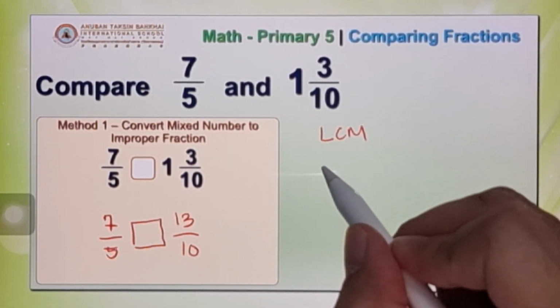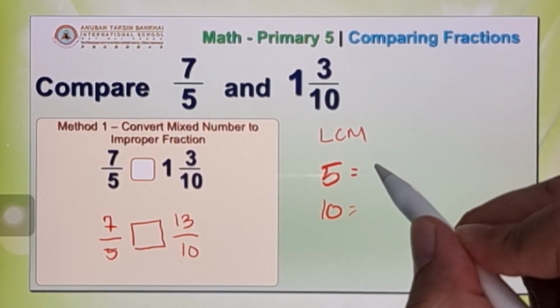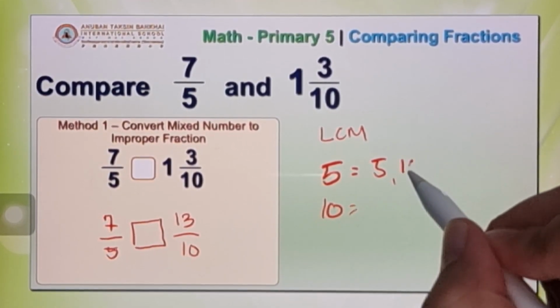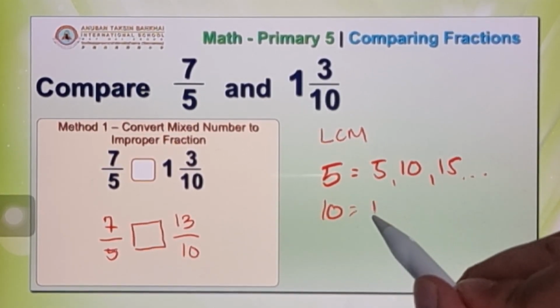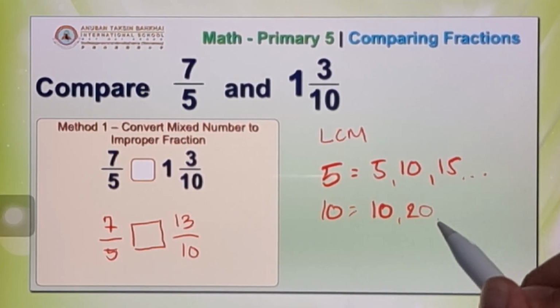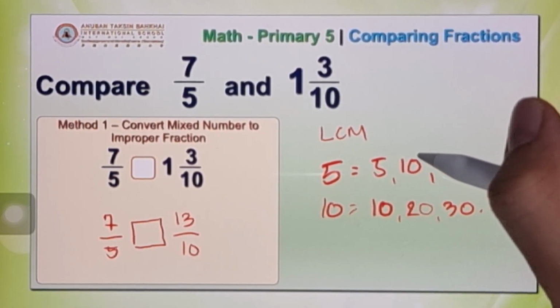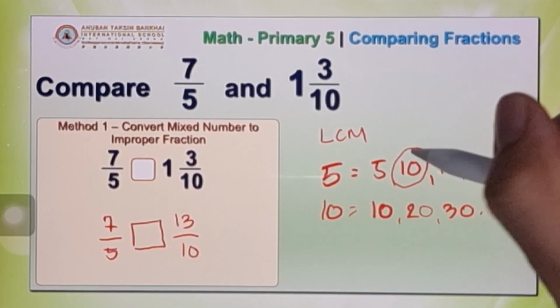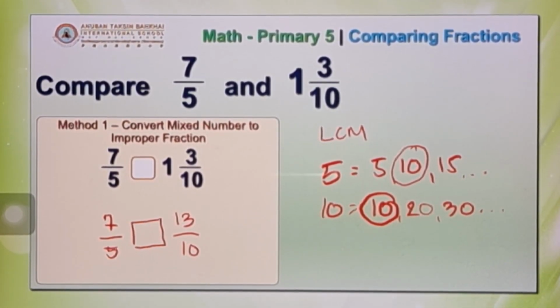So the LCM of 5 and 10 is what? If we're going to write this, 5, 10, 15, and so on. We have 10, 20, 30, and so on. Our LCM will be 10.